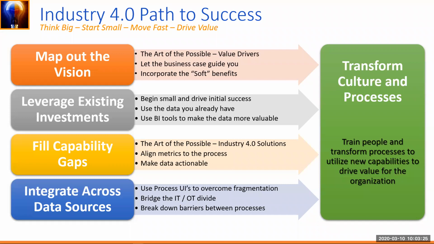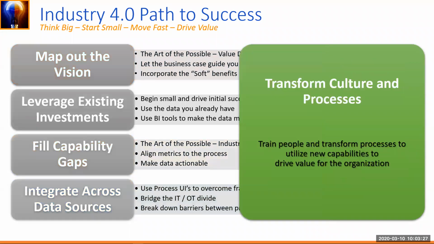But it's really that right side that we want to talk about today. Because again, you're not going to see the improvements in the performance unless you really transform the culture and the process of the organization. And to do that, you need to tie this into the tools that you already have in place with your operational excellence program, to combine those so that you can leverage it to change the process, change the behaviors of the people, and really move the organization forward.